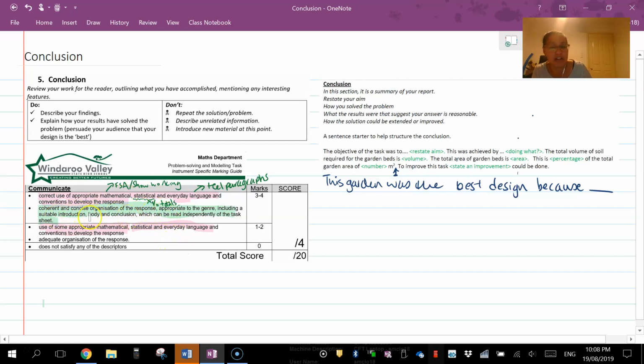That way I don't need a task sheet to read it, but I do need a task sheet to mark it. If you don't follow that and you just have something that resembles an organization, that would be considered adequate. So that's essentially it.